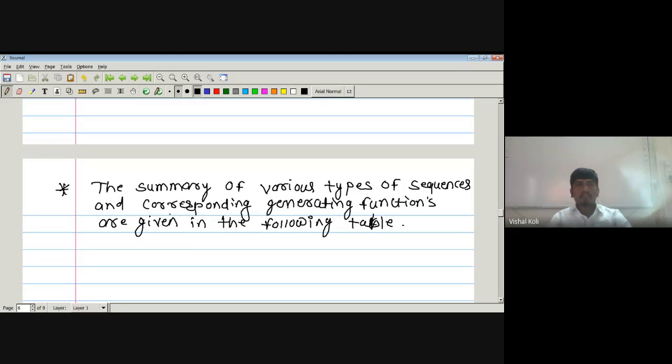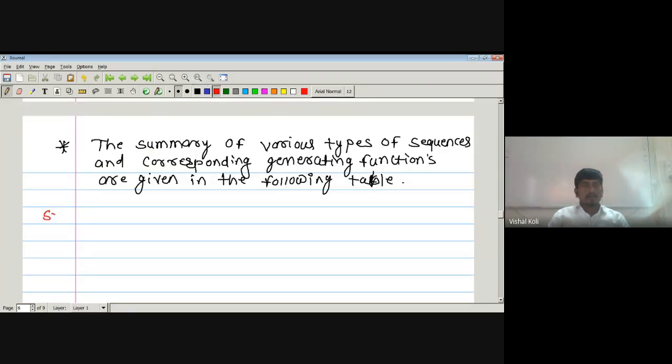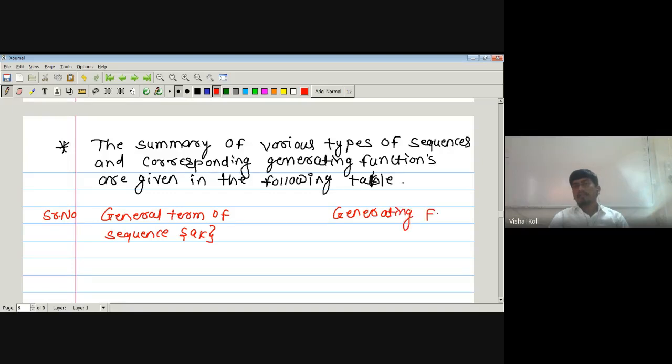First will be the serial number, the general term of a sequence ak, and here the generating function g(x).